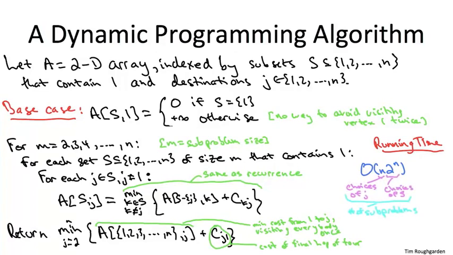How much work do you do per subproblem? Well, you have to execute this brute force search over the choices of the vertex k, the second to last vertex on the path. k could be almost anything in the set capital S. Capital S could have linear size. So you're going to do O of n work per subproblem. Thus, the overall amount of work, as promised, is big O of n squared times 2 to the n.